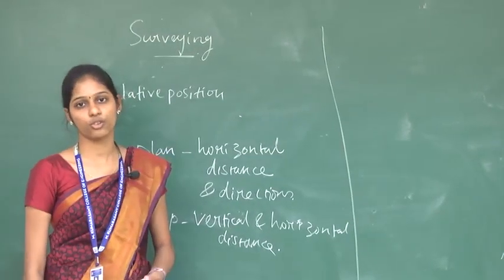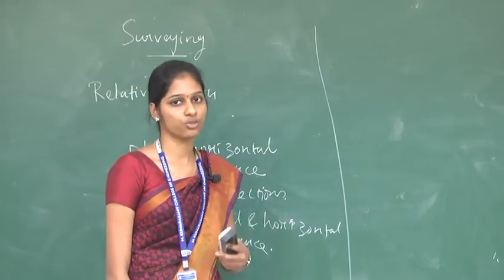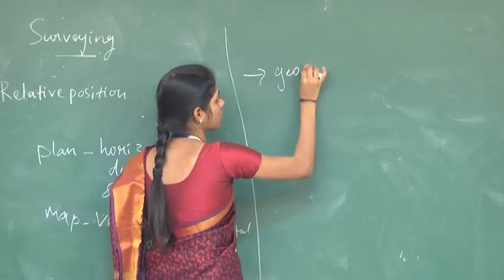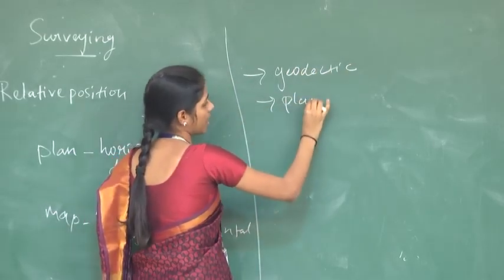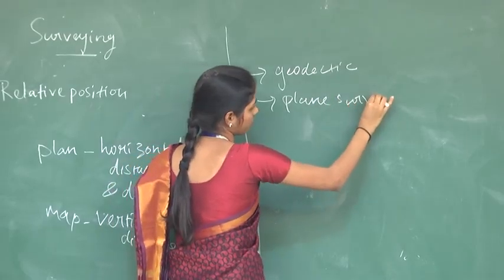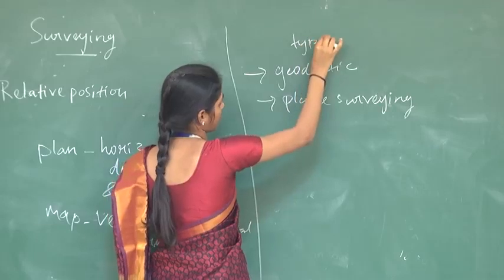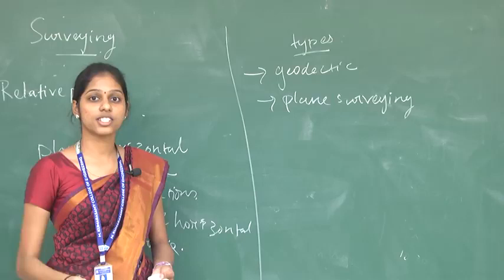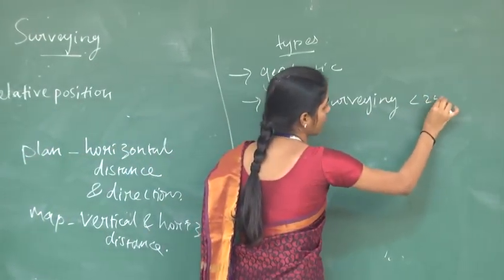Next, we are going to see about the classification of surveying. Surveying is primarily classified into two types. First one, geodetic surveying, then plane surveying. Suppose we are surveying an area which is less than 250 km square, it is said to be plane surveying.